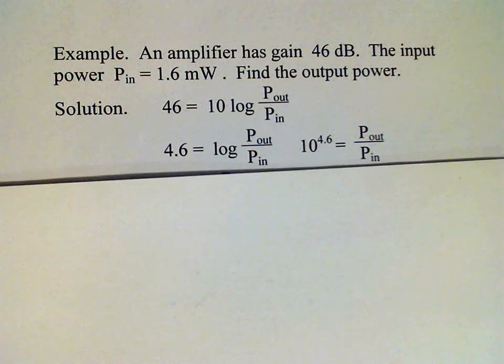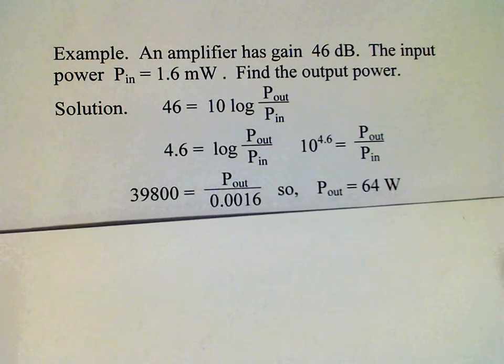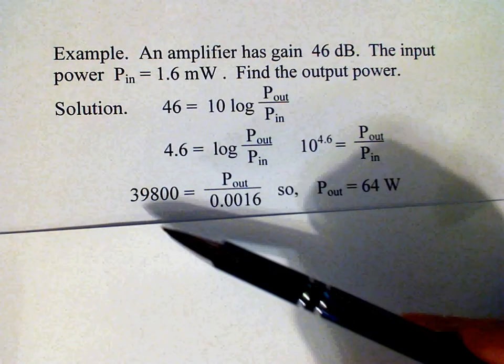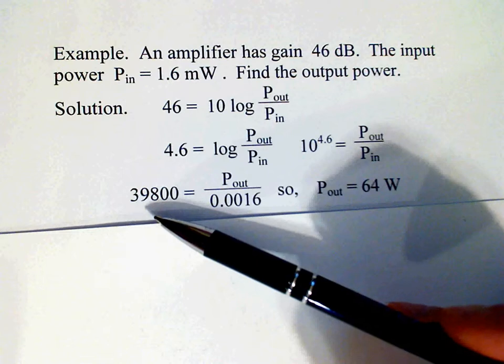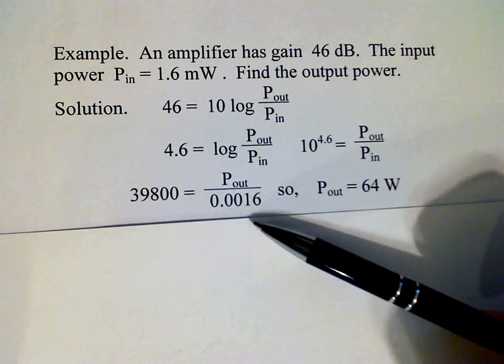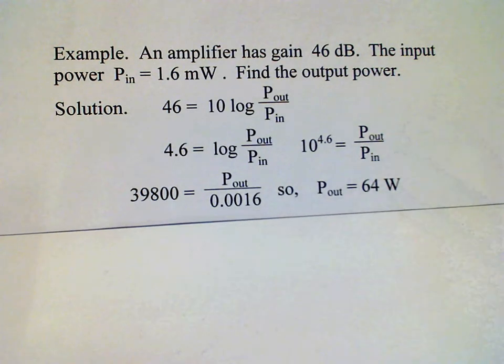Now P in is given, 1.6 milliwatts. So we calculate 10 to the 4.6 power, 39,800, multiplied by the 0.0016, which is the input power in watts, and we get the output power of 64 watts.